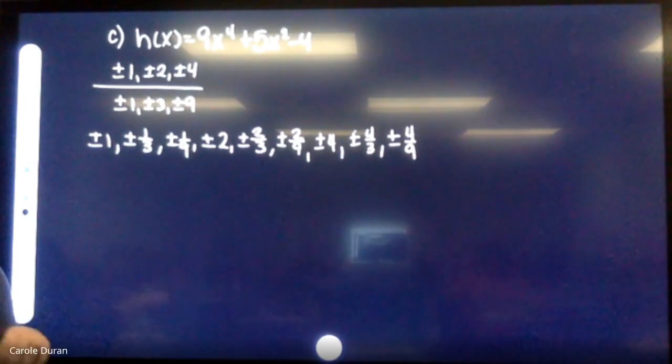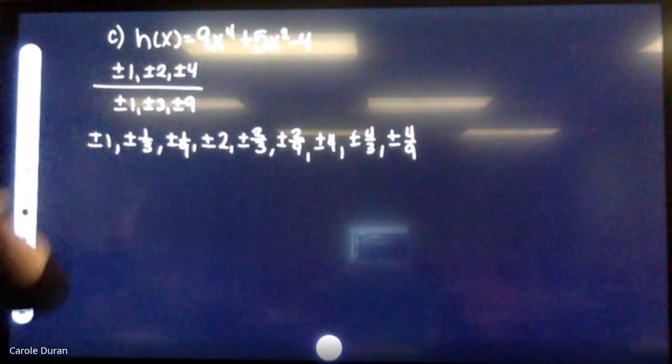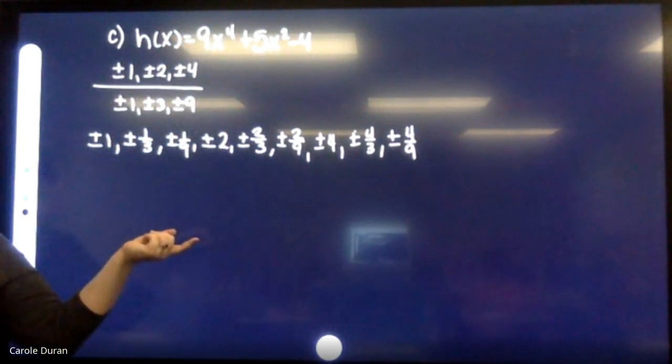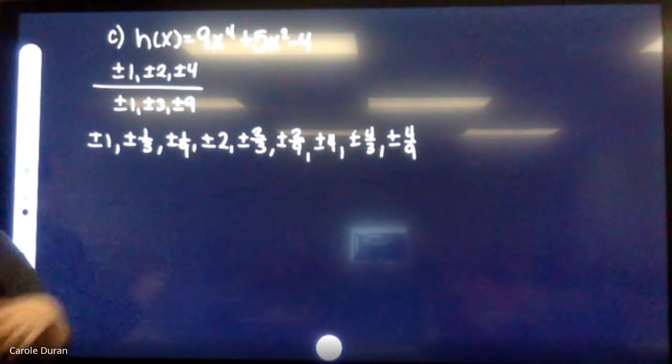The first thing I want to do is set up my synthetic division chart. So I'm going to do what with the 9, the 5, and the -4? Make a chart. Can I just put 9, 5, and -4 in it? No, we have to fill in with the zeros and the missing terms, okay?